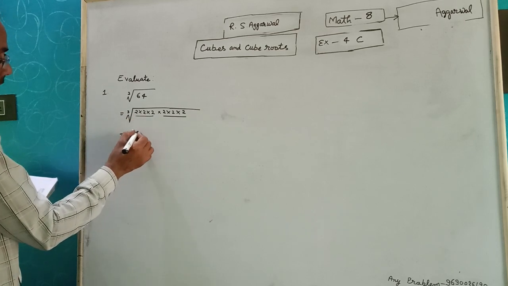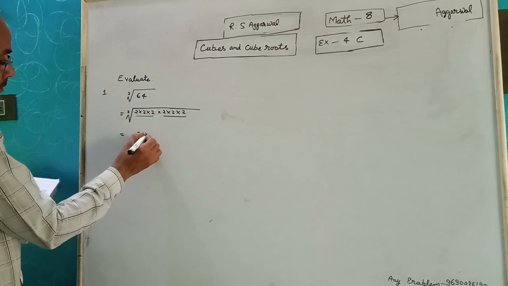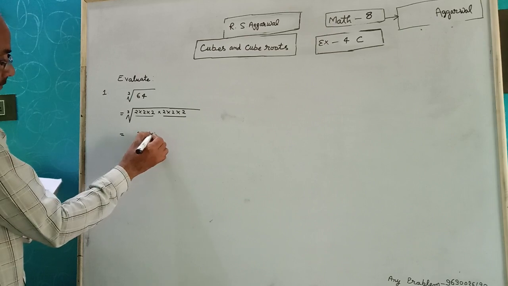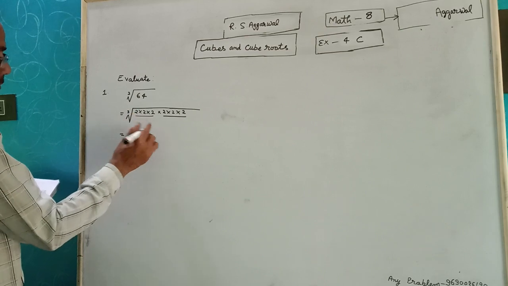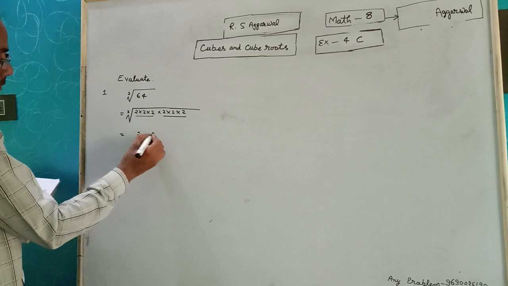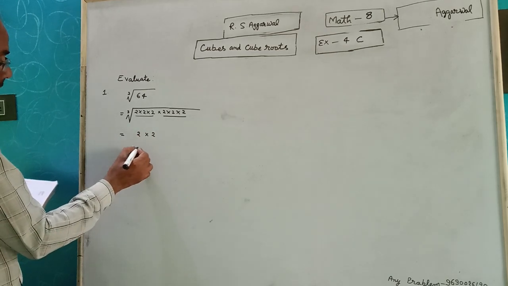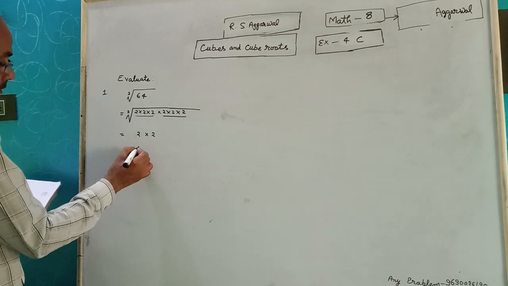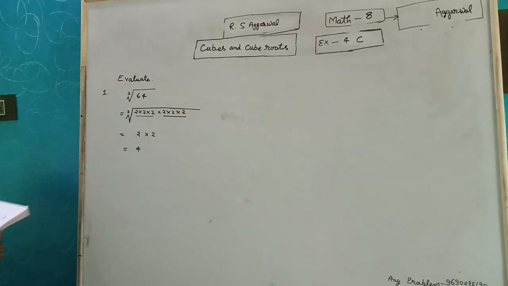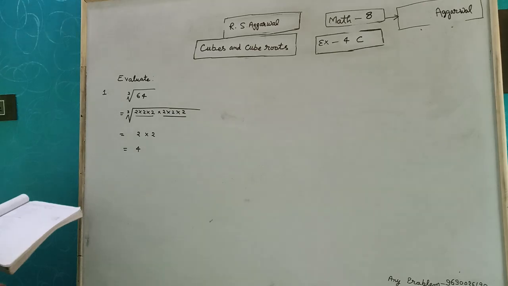Find out the one from the pair. First 2, second pair 2, multiply by 2 is 4. 4 is cube root of 64.